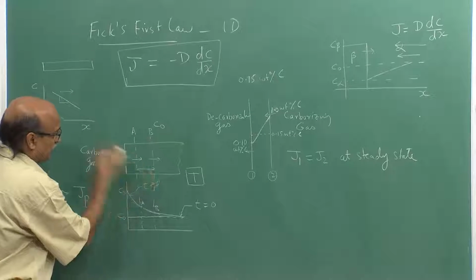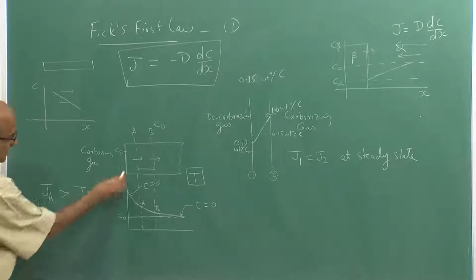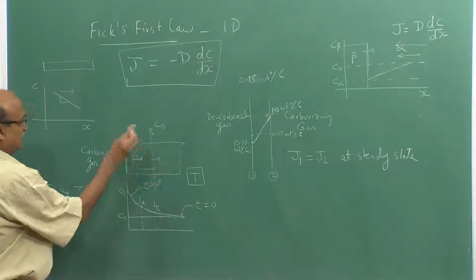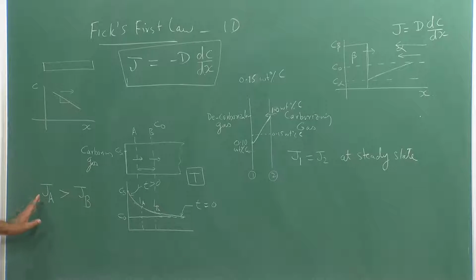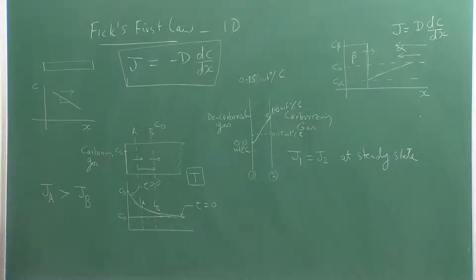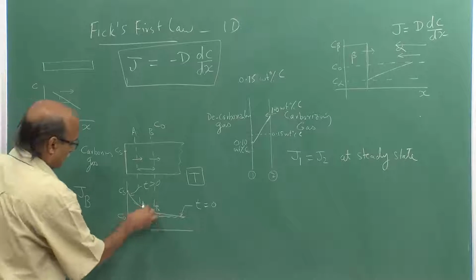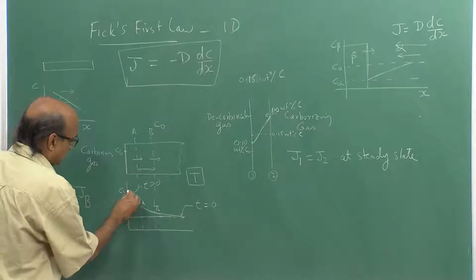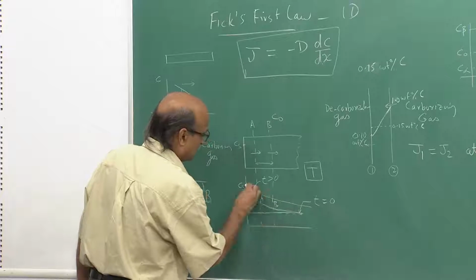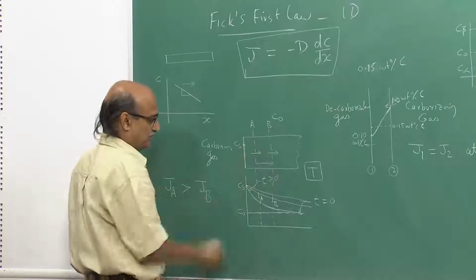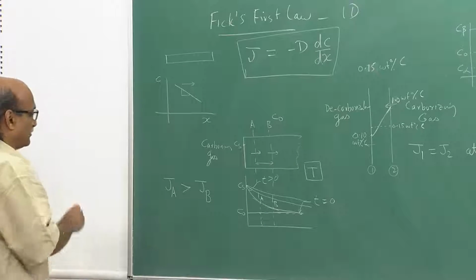Very clearly, if I look at this element in this region of the material, there are more carbon atoms entering this region than the number of carbon atoms leaving this region, because there is a higher flux entering the region as compared to the flux of carbon atoms leaving this region. So, there is going to be a build up of carbon atoms as a function of time, and slowly as time increases, these profiles would keep becoming like this with increasing carbon content at various locations.